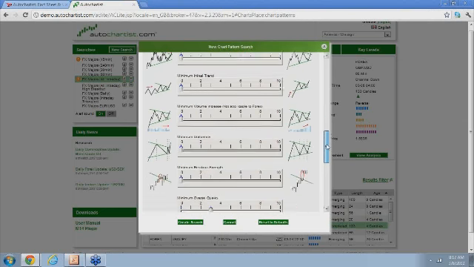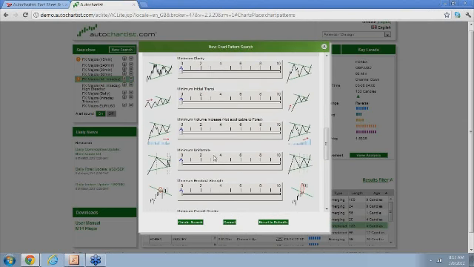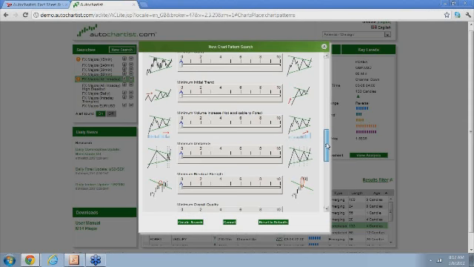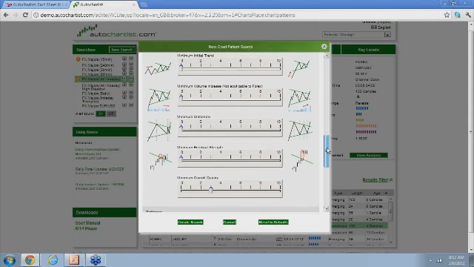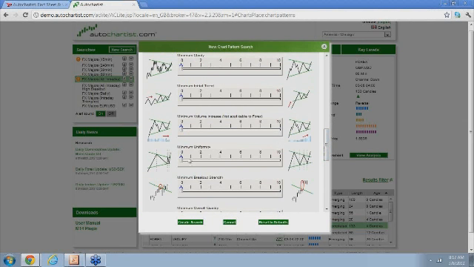I tend to set everything at a minimum because I want to be a little bit more active. But as a new trader or somebody not familiar with the program, you may want to set something like a breakout strength to somewhere in the middle, so that you're capturing some high breakout trades. And even further, you can go all the way to the maximum.